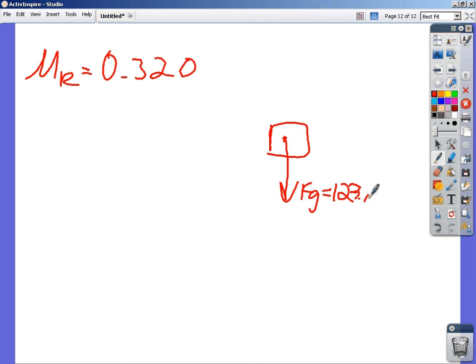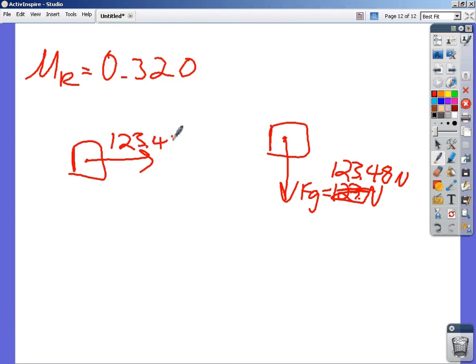You get an answer here, subtract it from 123.48, and say the mass of block A plus the mass of block B, times their shared acceleration, has to equal the 123.48 minus the force of friction. Like I said, it's not as important that you know how to do this, but that's how you solve for it.